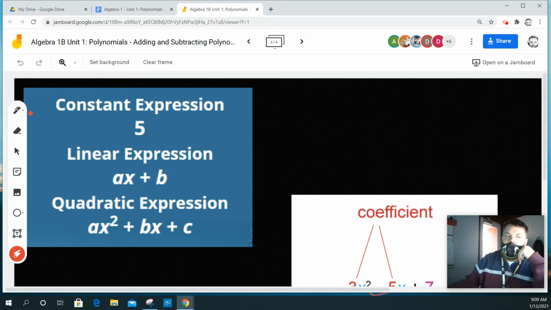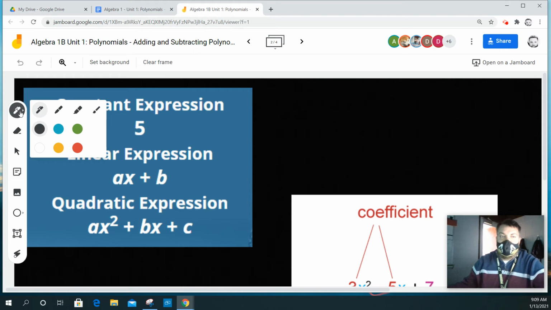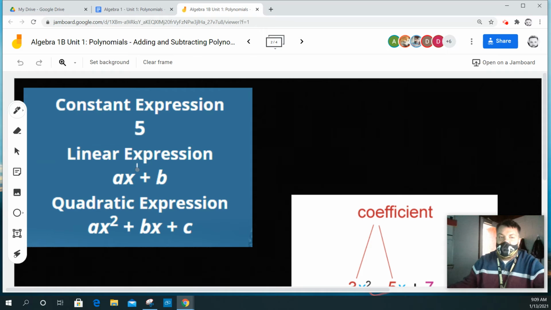Now, I will point one thing out, and it's going to be a little redundant, but that's okay. Linear is a first degree polynomial. That means that x is raised to the first power. We call it linear because when you graph it, it's a straight line. Okay? But it's x to the first power.